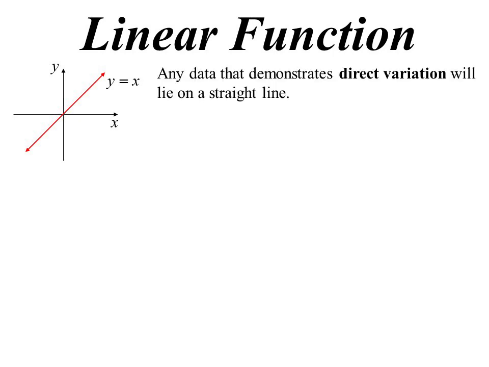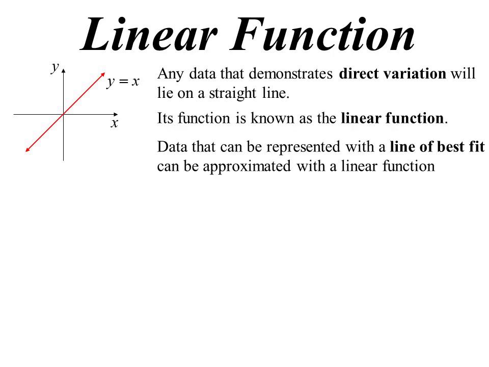The most basic function of them all, the linear function, I guess we start with. And the most basic of the linear functions is this one here, where y equals x. The simplest of them all. Any data that has direct variation, so directly proportional to, will form a straight line. We call it the linear function for obvious reasons.